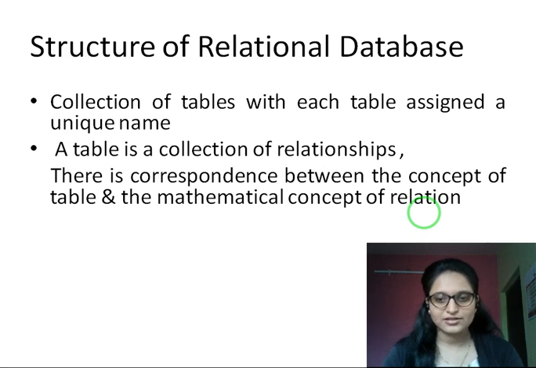We know that a relation is a Cartesian product of subsets of domains, right? Similarly, a table in a relational database is considered similar to the mathematical concept of relation. How? Because a table is a Cartesian product of attributes, or a Cartesian product of columns.